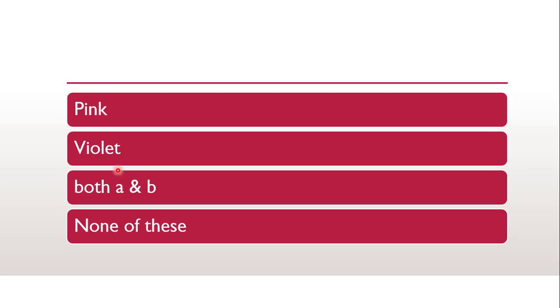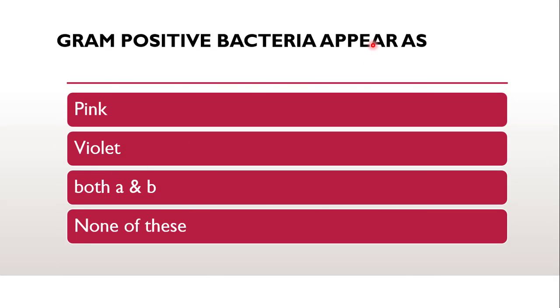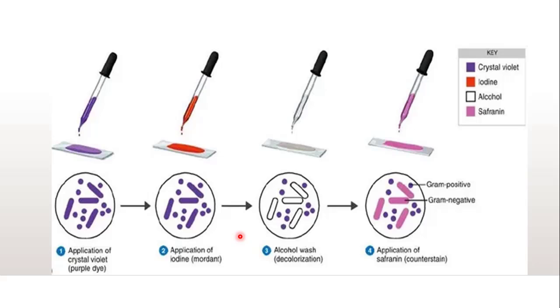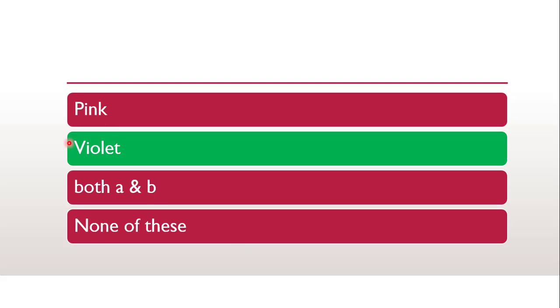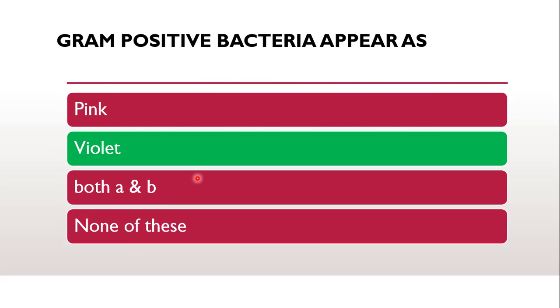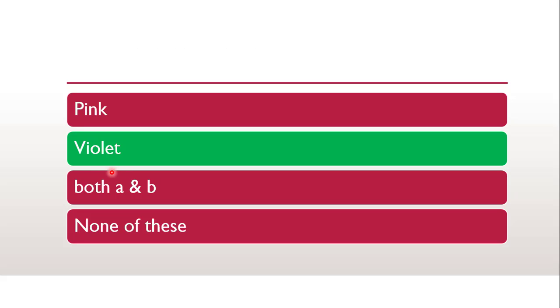Then next question is, gram positive bacteria appear as pink, violet, both A and B, or none of these. The correct answer is, it is violet. Why do they appear violet?